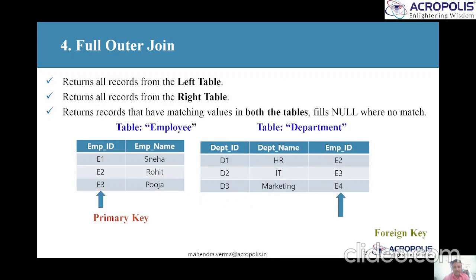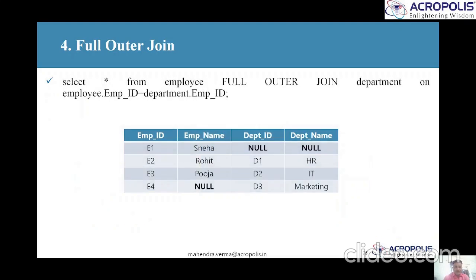Again I am taking the employee table and the department table. At execution of the query, we will get all records from the left table and all records from the right table, and if no match is found, we will get null. So let us see the result.